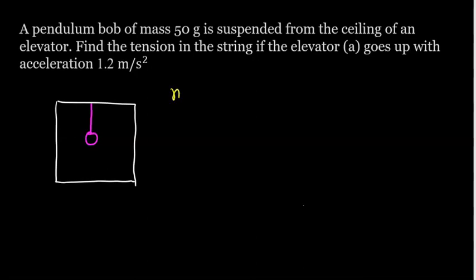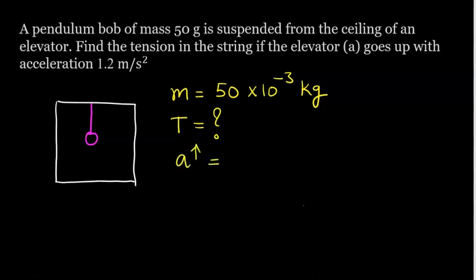So 50 into 10 to the power minus 3 kg. This is the bob's mass. We have to find out what is tension, and it is going up with the acceleration of 1.2 meter per second square. So this is what is given to us. We will see what we can do with this given information.